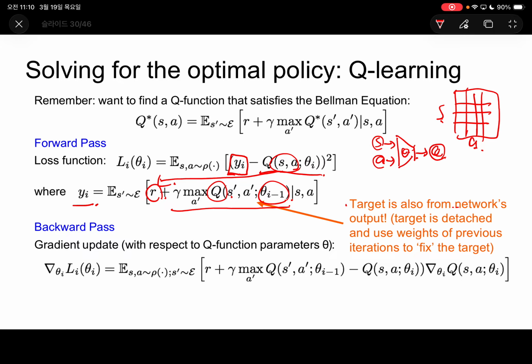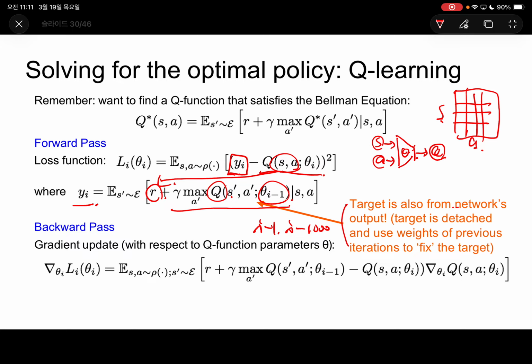It might be i minus 1, or i minus 10, i minus 1000. It depends on your design choice, but the important thing is that we use a fixed number of iterations for making ground truths, and then we just use outputs from the network from the previous iteration as the target. That is the philosophy of deep Q learning.